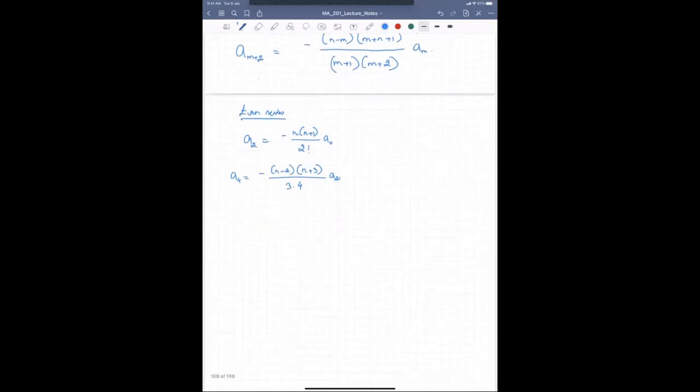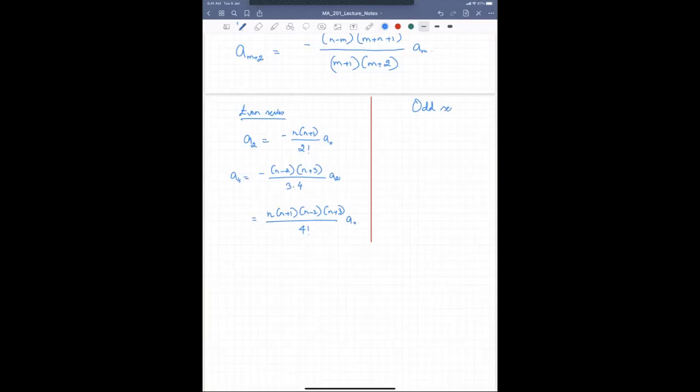So this again can be written as, if I substitute the value of a2 here, n times (n plus 1) times (n minus 2) times (n plus 3) divided by 4 factorial, a0. And I can keep going, but I'm not mad, so I'm not going to keep going because I can recognize that it looks rather unwieldy.